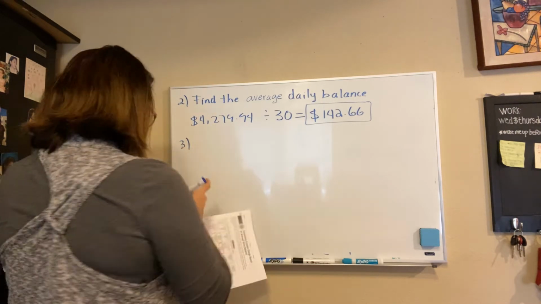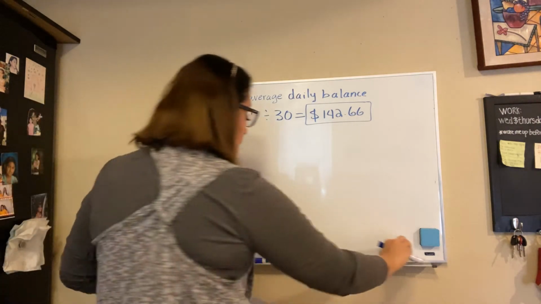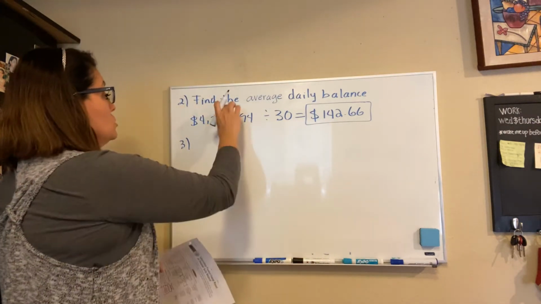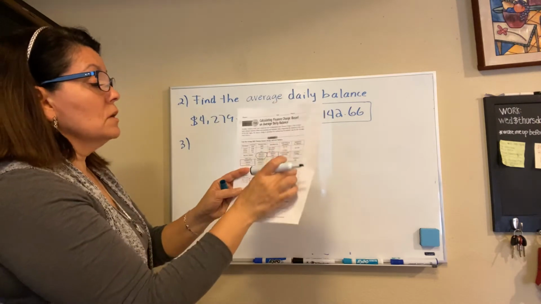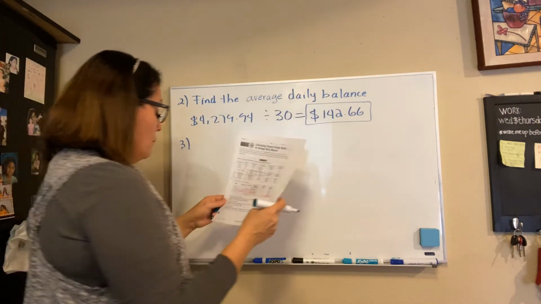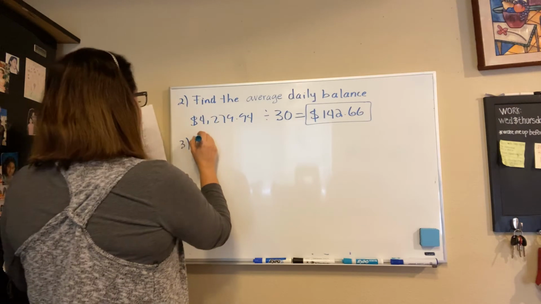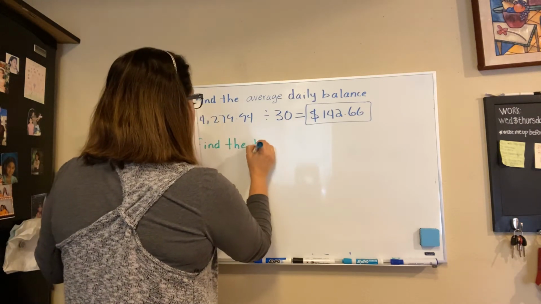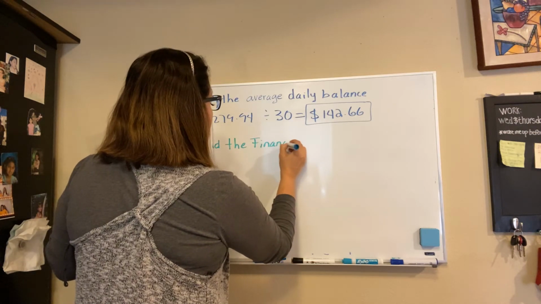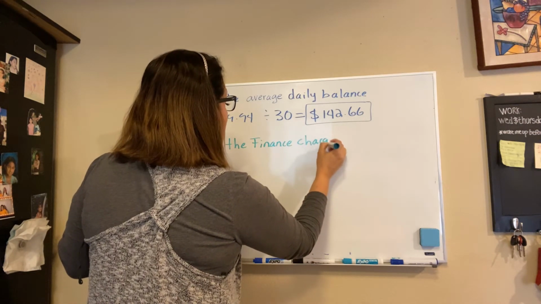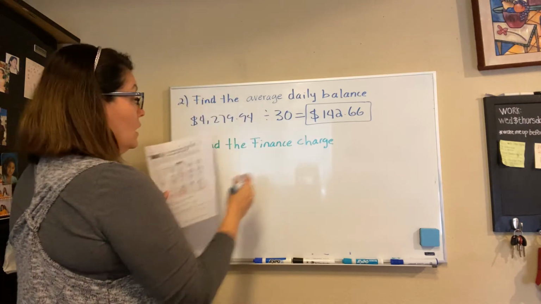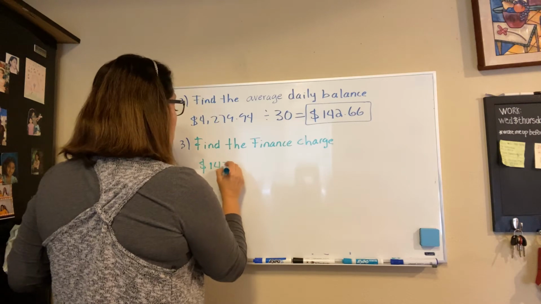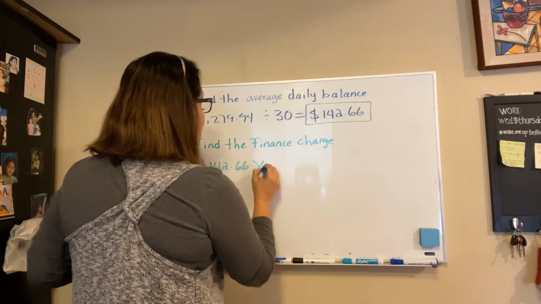So step number 3, remember step number 1 was only to locate these two numbers on the statement. For number 3, it is find the finance charge. How can you do that? It is the average daily balance, 142.66, times the periodic rate.